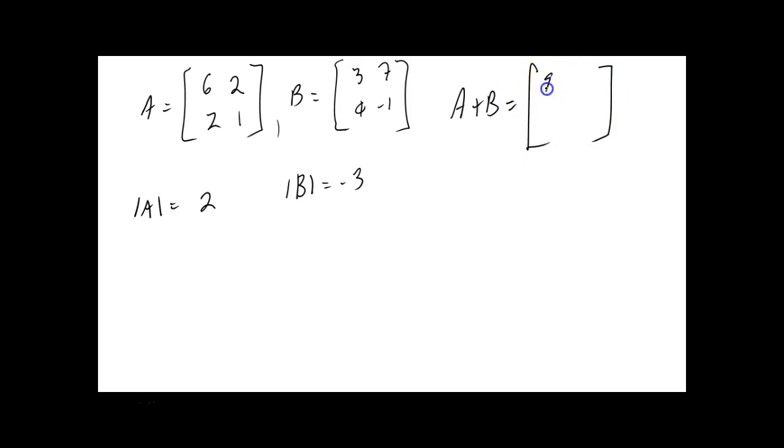So that would be a 9, 9, 2, 0. So what's the determinant of the sum? Negative 18. Nowhere close to the sum of these two. So don't even try to make up any rules like that. Okay? The sum of two matrices, their determinants tell you nothing. Okay. So that's all they were showing there.